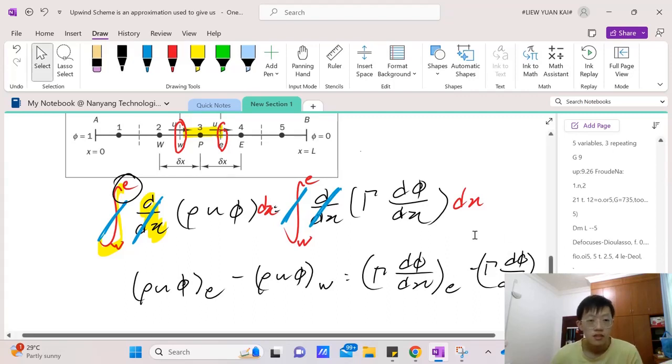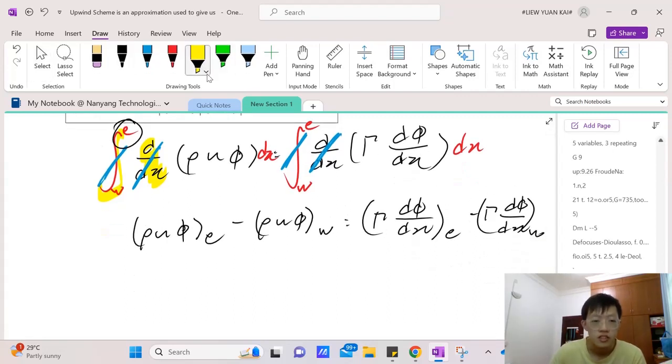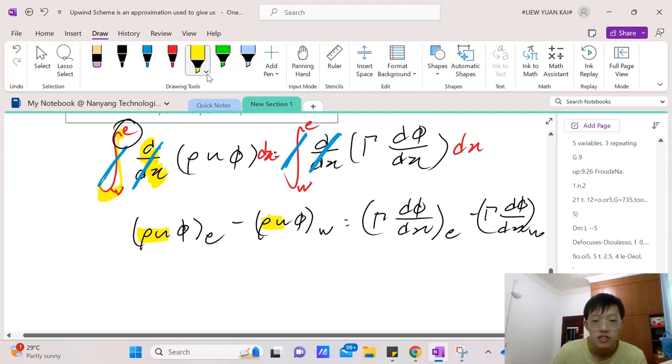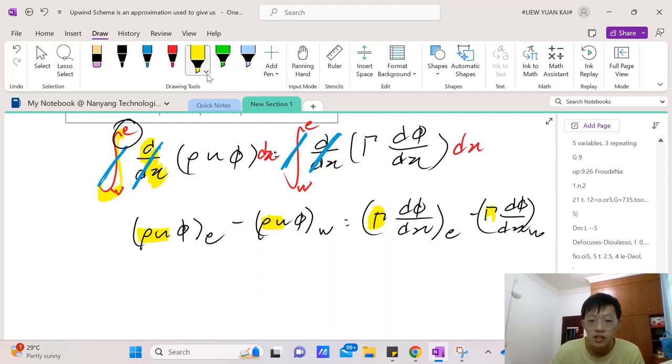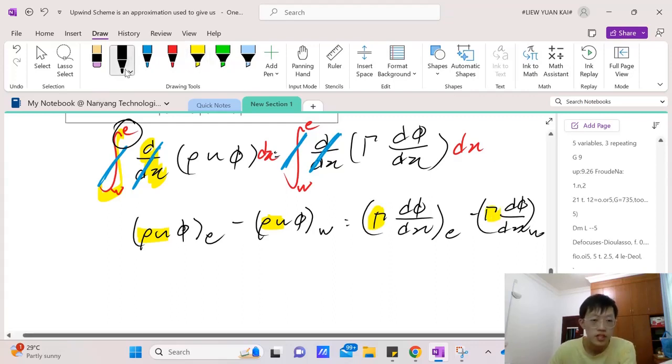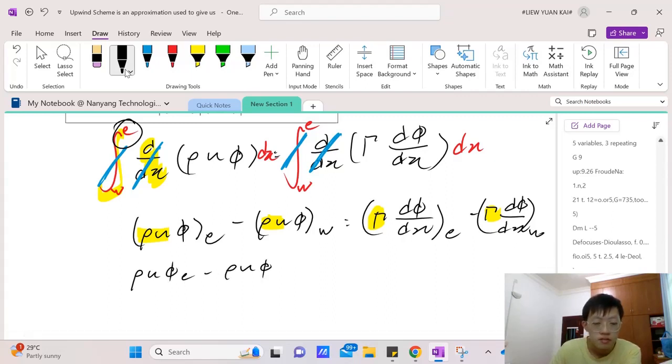All of these are constants, and the same with gamma, gamma is constant. Actually, we can take them out, and I'm going to factorize out gamma. We have d phi/dx evaluated at e minus d phi/dx evaluated at w.